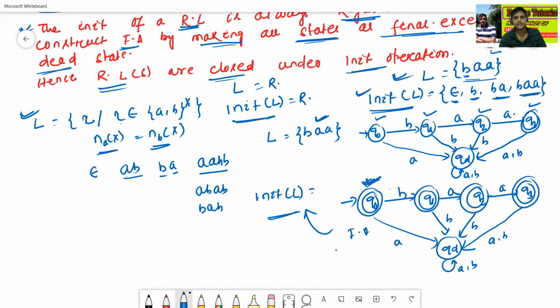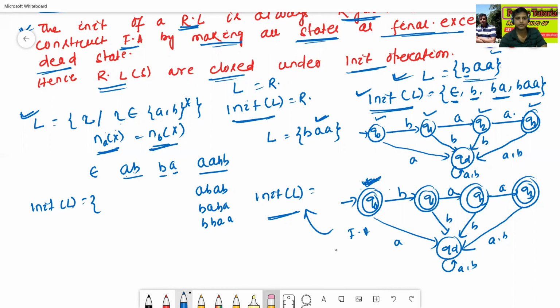Suppose BA is a valid string because it contains the same number of A's and B's. Suppose BBAA is a valid string because it contains the same number of A's and B's. So the number of A's equals the number of B's. So see here, init of L is nothing but what?